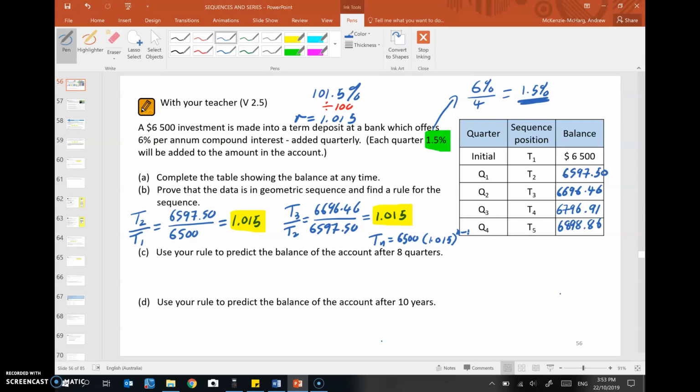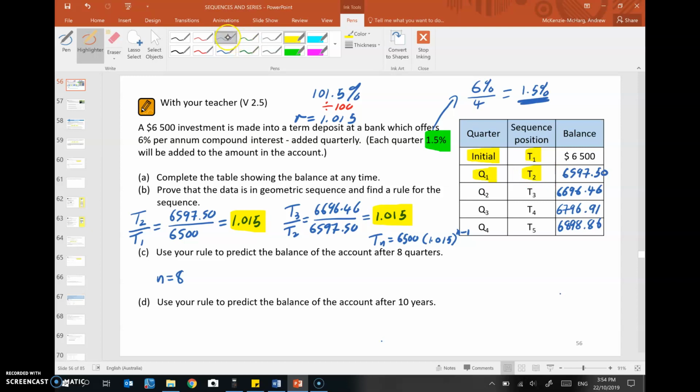So we're asked to predict the balance after 8 quarters. So what n value are we going to put into our sequence rule? 8 quarters, does that mean n equals 8? Well, if we look over here on the right, we can see that the initial balance lines up with T1, and the balance after 1 quarter lines up with term 2.